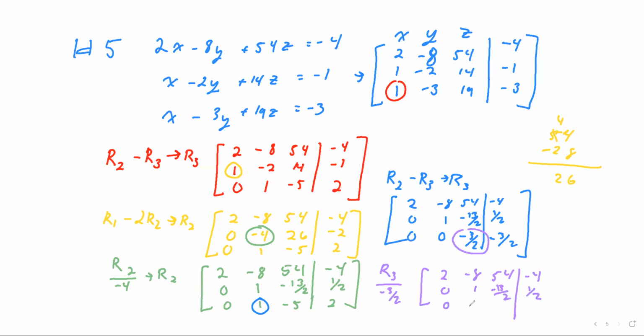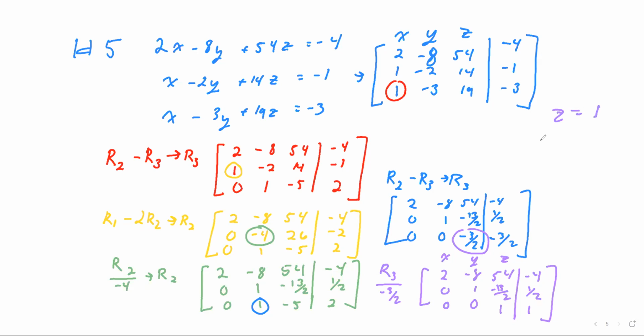Zero divided by that is 0. 0 divided by that is 0. The exact same thing would just be 1, and the exact same thing would just be 1 again. All right, so what this tells me is that z, because again, this is your x, y, and z, tells me that z is equal to 1.